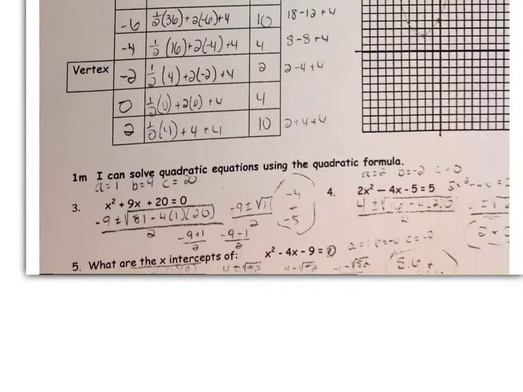So B is 9, so the opposite of 9 is -9, plus or minus B squared, which is 81, minus 4 times A, which was 1, times C, which was 20, all over 2A. I am still seeing some of you forget that all over 2A business. So 2 times 1 is 2.